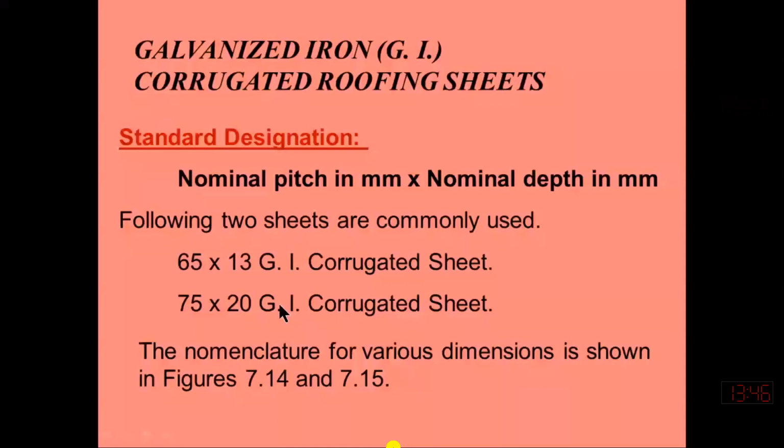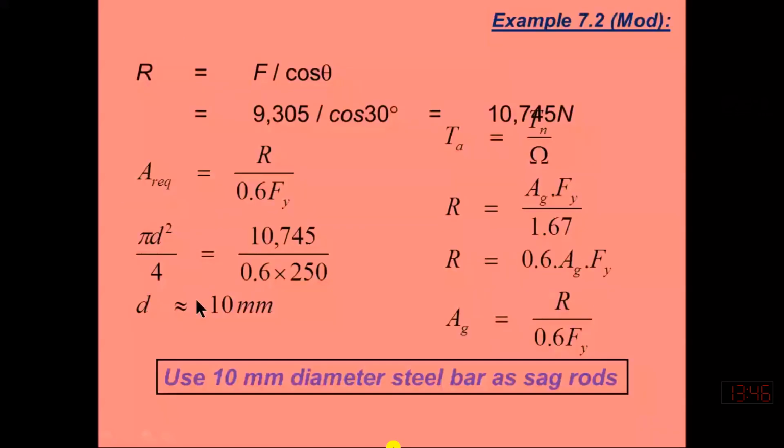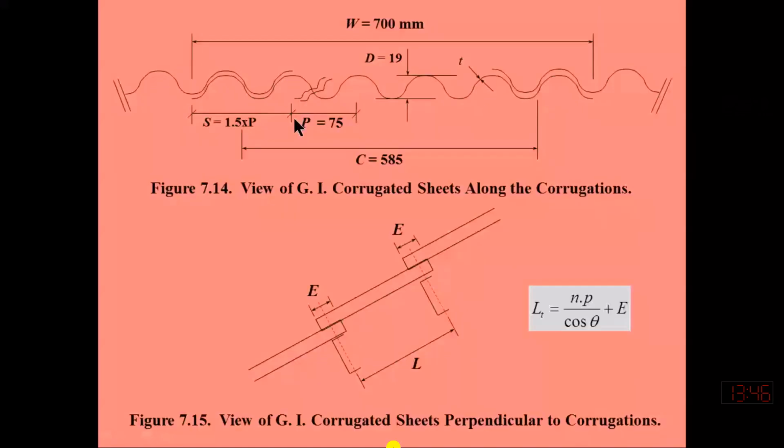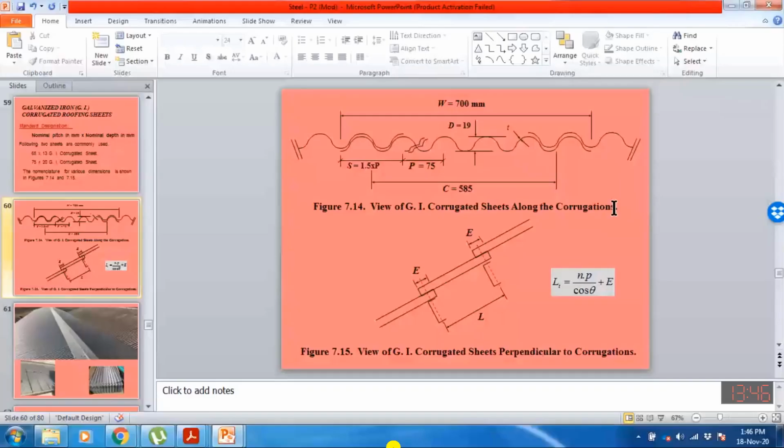So for GI, maybe I need to mention something here. The sheet that I have used is 75 into 20 GI.